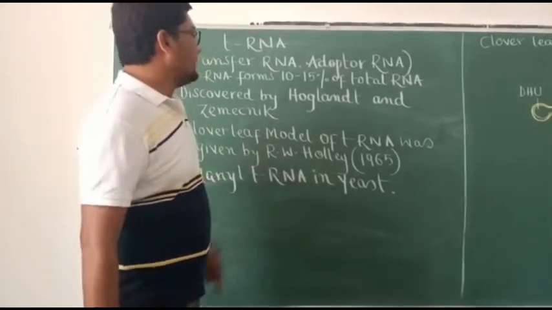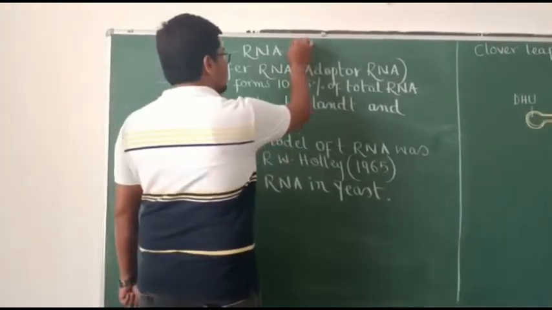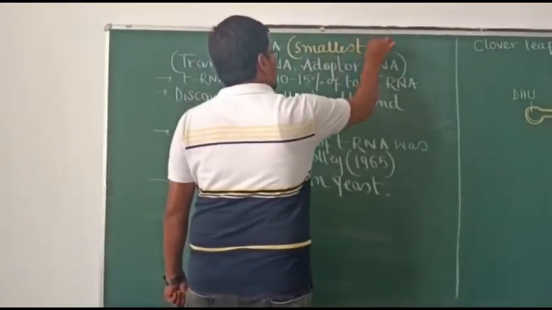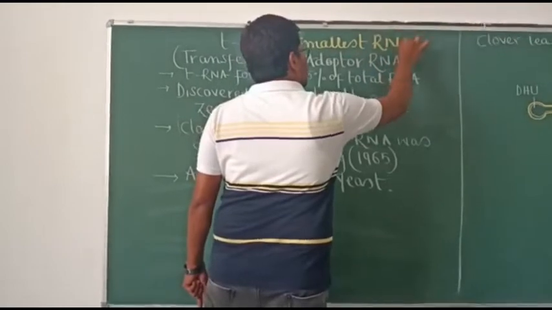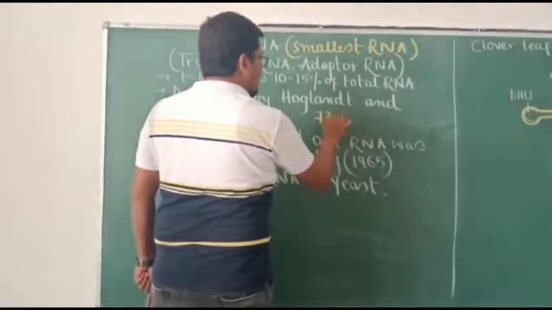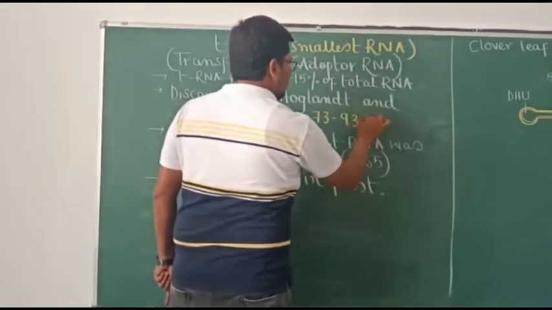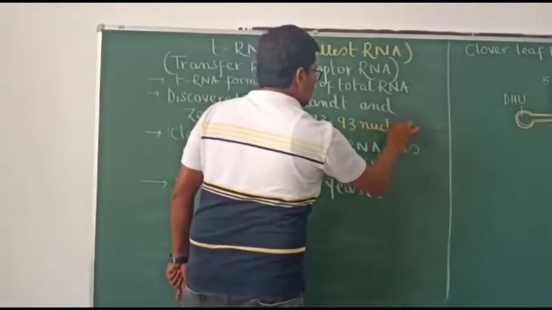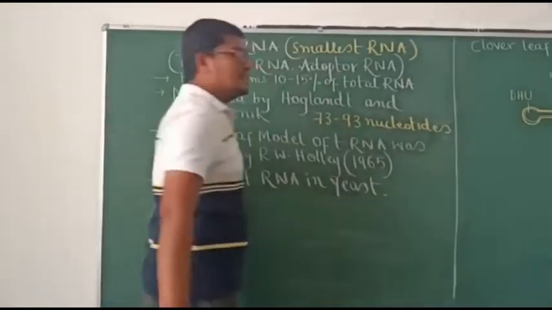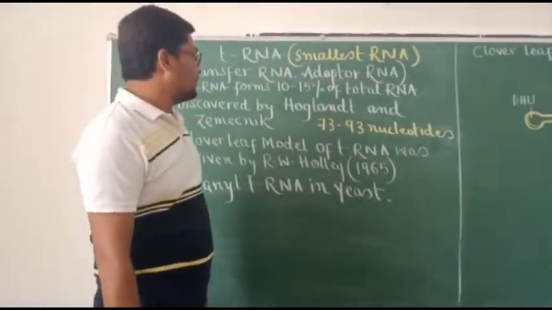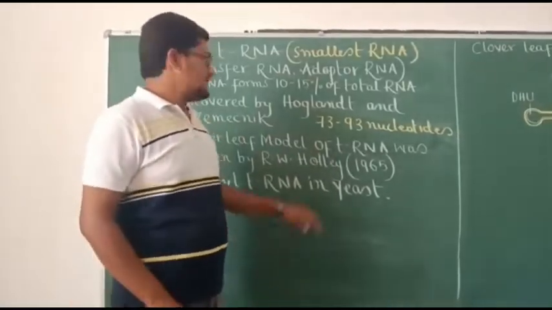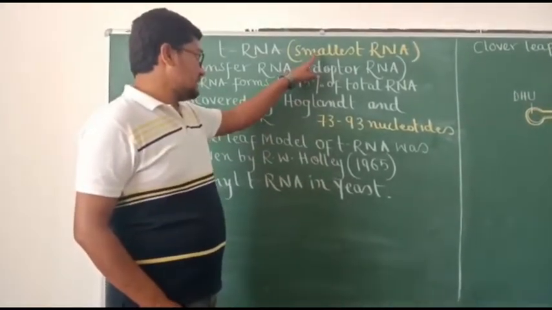Out of the three types of non-genetic RNAs, the smallest RNA is tRNA, because tRNA is made up of minimum 73, maximum 93 nucleotides. Means size of the tRNA is less than 100 nucleotides. That's why out of the three types of non-genetic RNAs, the smallest RNA is tRNA.